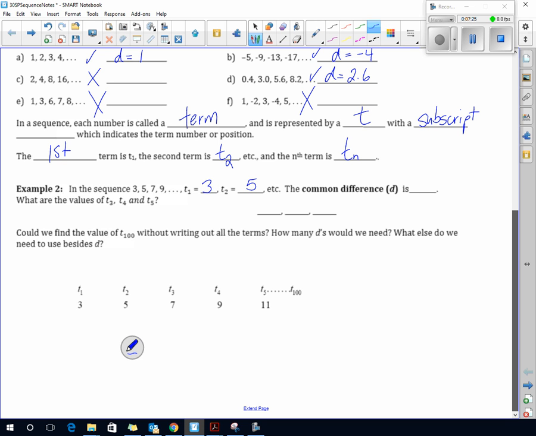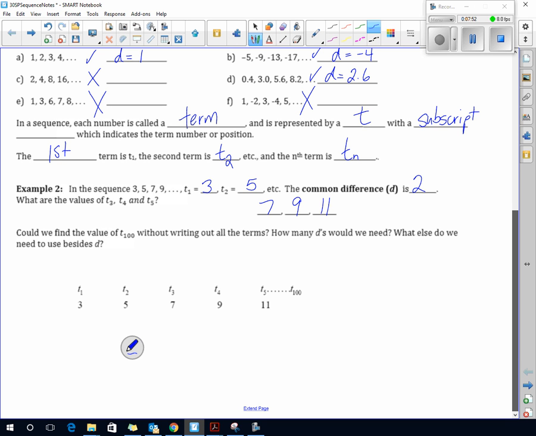So term 3 would be 7, term 4 would be 9, and term 5 would be 11. Could we find term 100 without writing out all the terms? How many D's would we need? So, common differences.